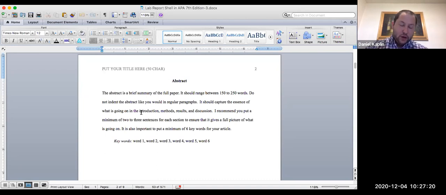And when you had to find articles, you had to go to databases and put in keywords. Well, you're telling the reader that you want to highlight these keywords so that if a person puts these keywords in, your article will pop up. So you want a minimum of 6 keywords.